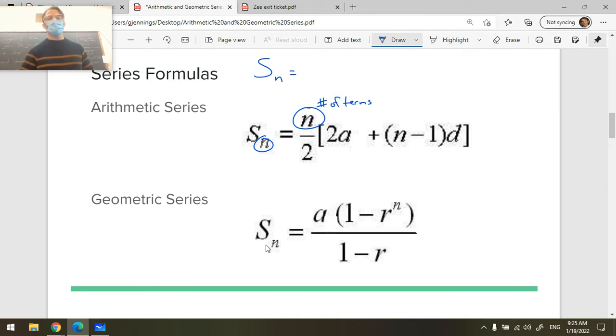That's the total number of terms in the sequence. Okay. A is the first term. And D is the common difference. So those are old friends that we met yesterday. Wait, maybe they're new friends, and we met them yesterday. And this is the common difference here.